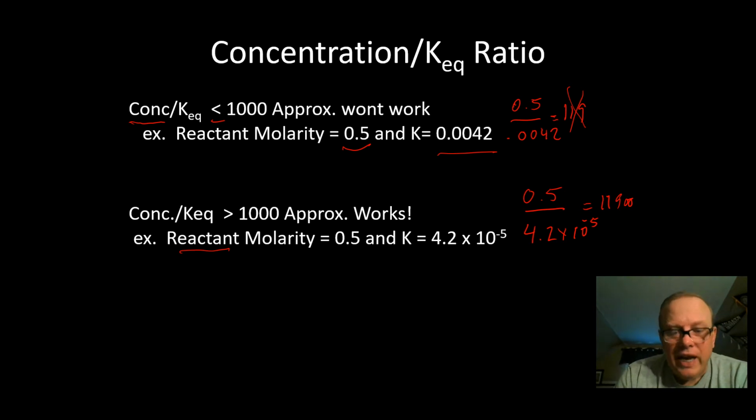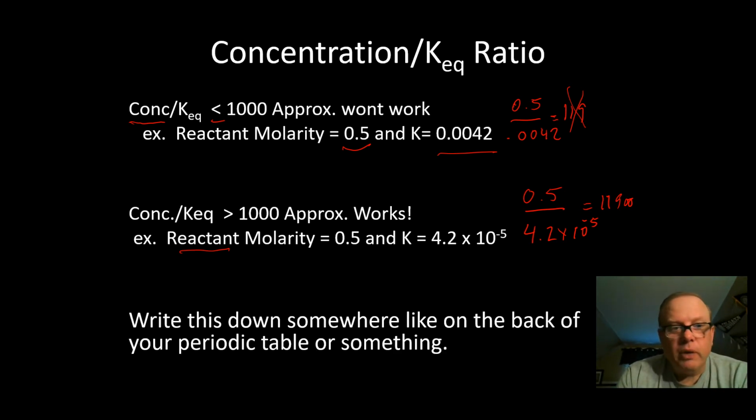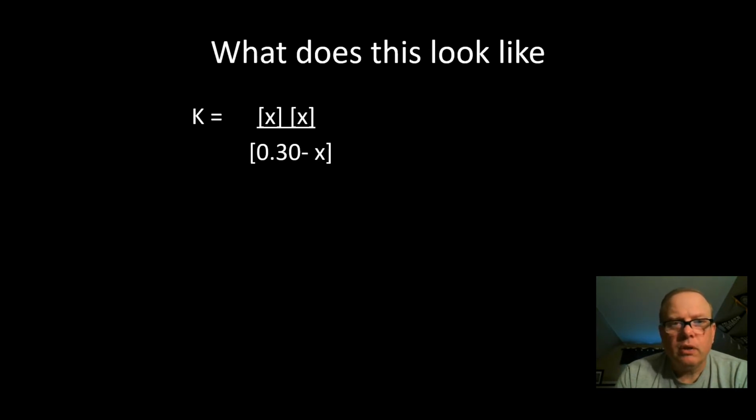Now, what does this actually look like? When you set up for K, and by the way, write this down somewhere, like the back of your periodic table. Don't lose it because it is going to be a time saver. So you've got this K expression like this. On the top, you have your two reactants, the two X's, and down here you've got 0.3 minus X. It's this minus X, this amount that is lost.